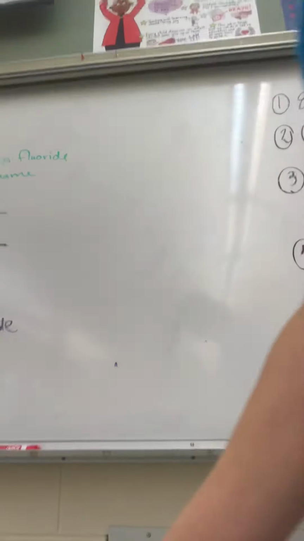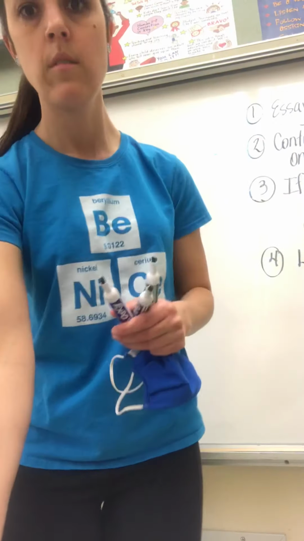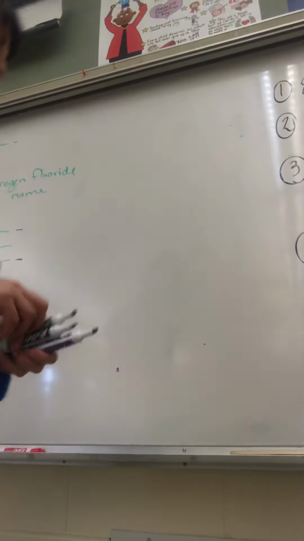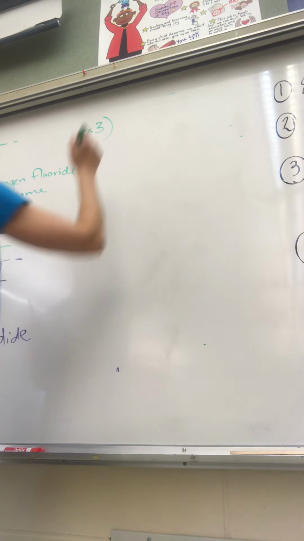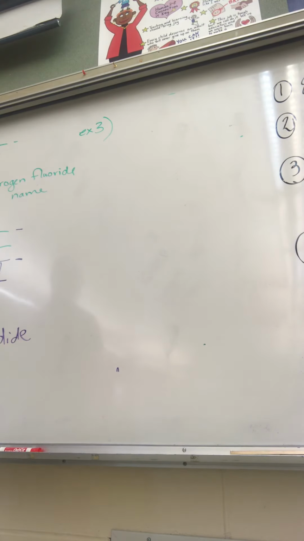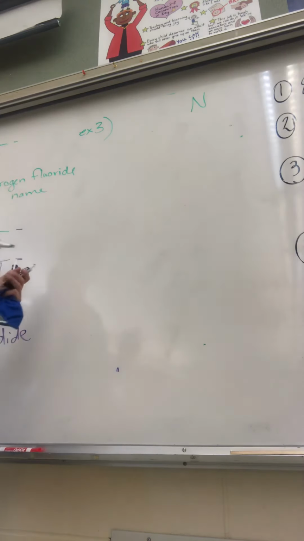Let's do a couple more examples, and then I'll see if you notice a bit of a pattern, to do the swap and drop. Let's take something with nitrogen and lithium.